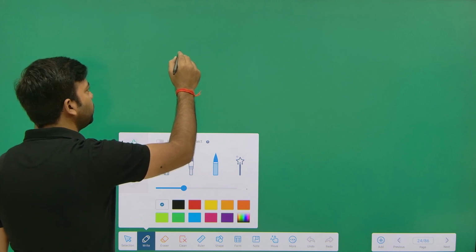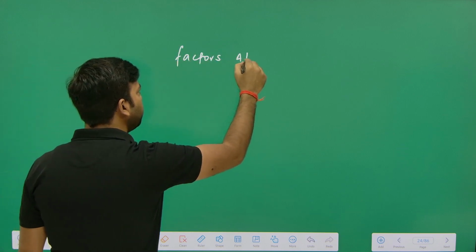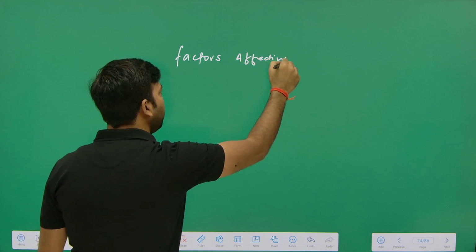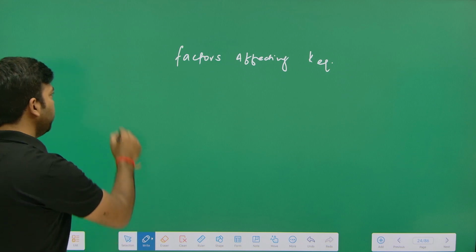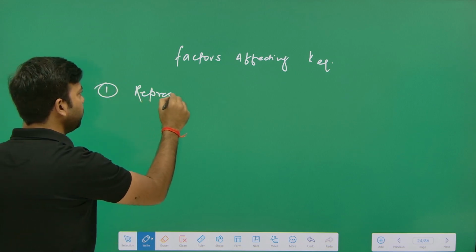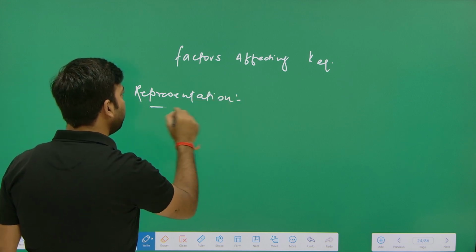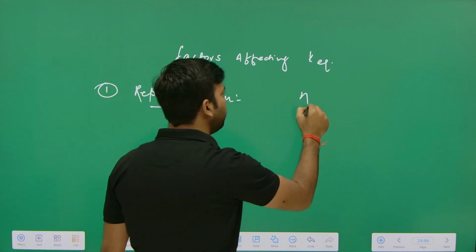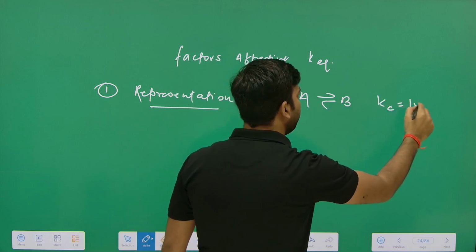So I am going to discuss here the factors affecting K equilibrium. The very first factor is representation. Suppose you have any reaction A to B and its equilibrium constant is supposed to be 10.